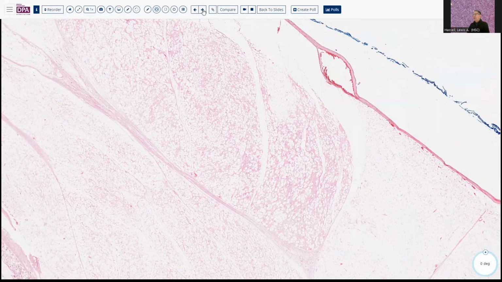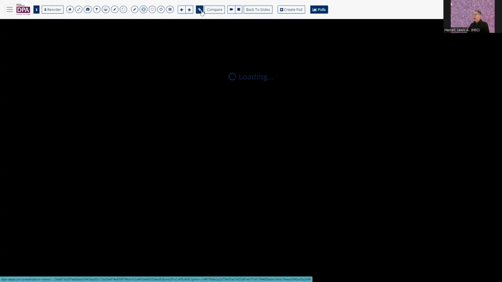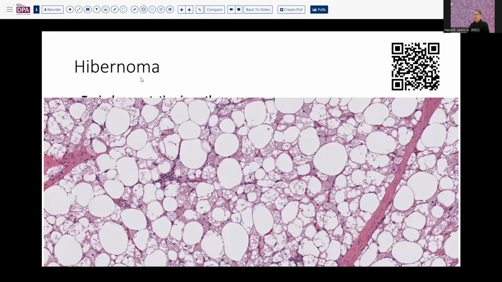So let's go on to the next benign lesion, probably one that you will encounter in your practice, and that is the hibernoma. This is a lesion of brown fat, as you can see here in this image.